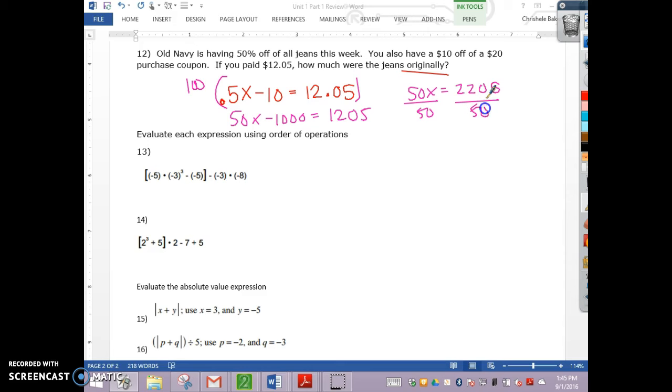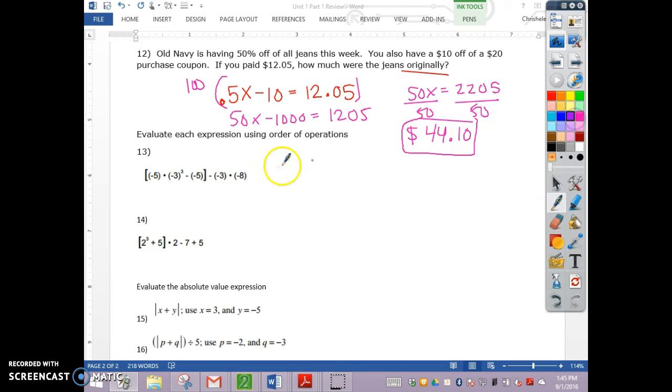Divide by 50. $44.10. Really easy to check. Take half of 44.10, which is 22.05. Subtract the $10, 12.05.